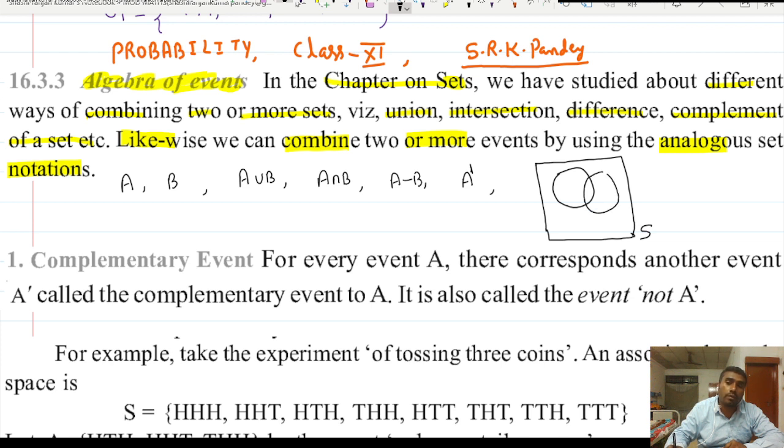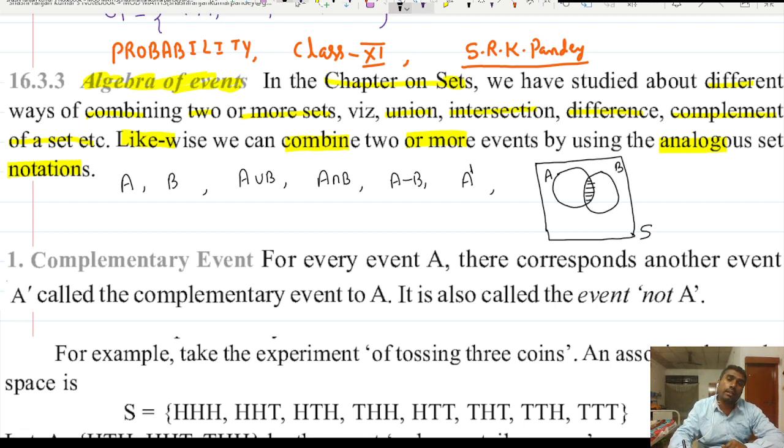You already know events are nothing but subsets of the sample space. Let us suppose this is your A, this is your B. Here you can see some portion is common, so some sample points are in event A and also in event B. We can find that common sample point. We can find union, we can find intersection. All these things we will discuss one by one later.